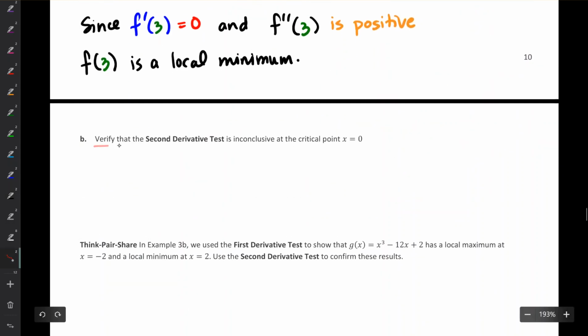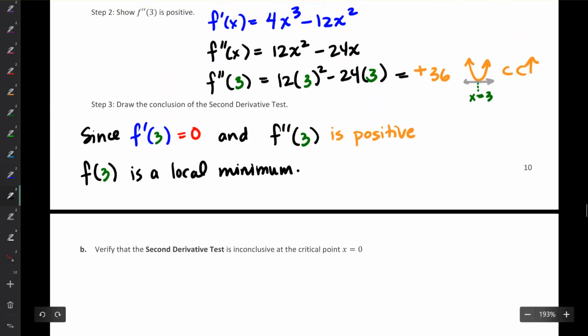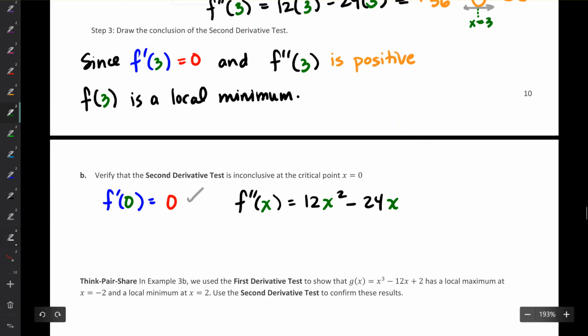So verify that the second derivative test is inconclusive at that critical point of x equals 0. All right, so we already knew that the first derivative was 0 at 0 from the very first example.